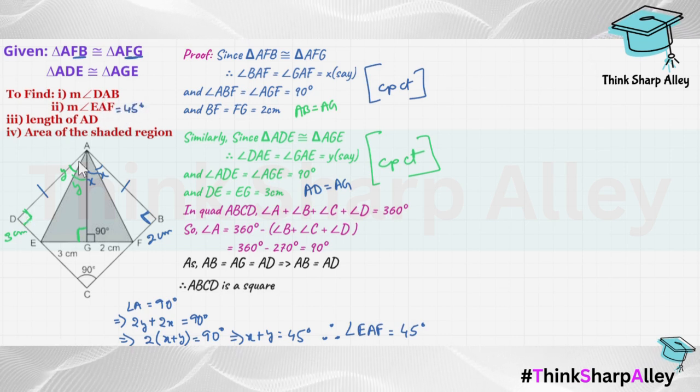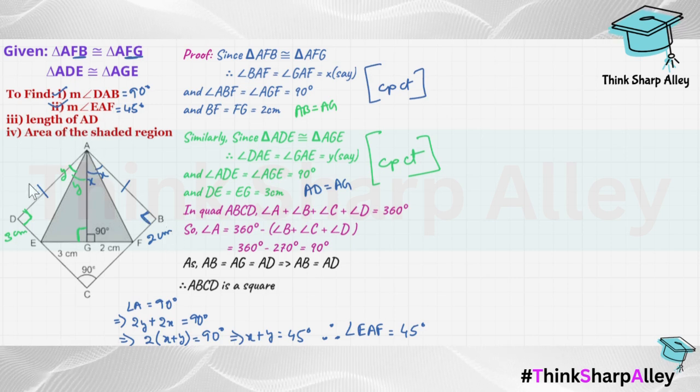Measure of angle DAB, I have already got. DAB is the entire angle A, which we have found out to be 90 degree. So this part is also completed. Now our aim is to find length of AD. If you pay attention, AD is already equal to AG and AB.